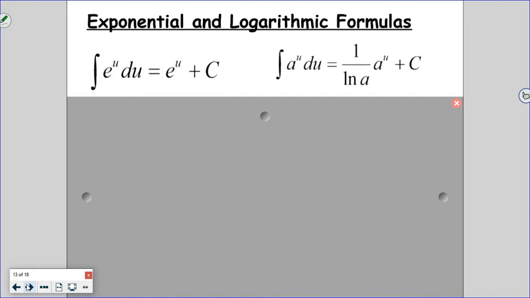If that base becomes something other than e, we have to take into account that when we take the derivative of 3 to the x, we get 3 to the x times the natural log of 3, which is why, to get rid of that times natural log of 3, we have 1 over natural log of the base. So again, thinking backwards through those derivatives, these formulas can help you with that.